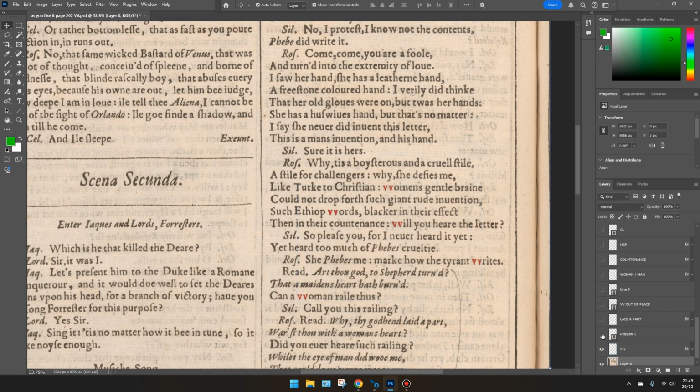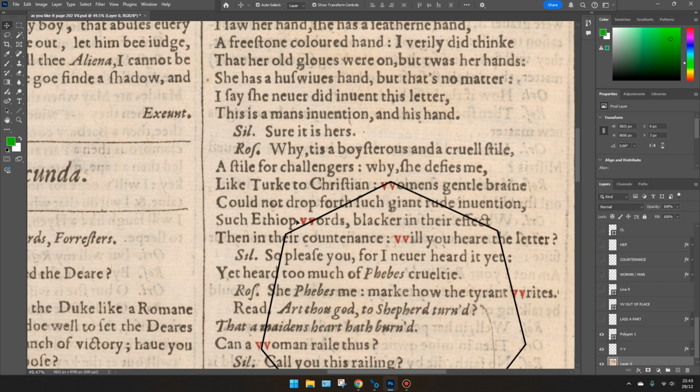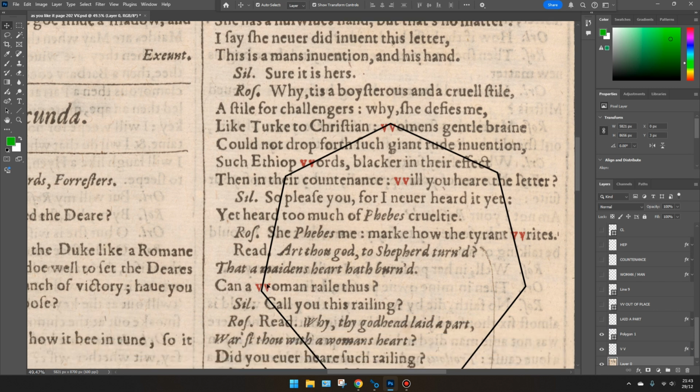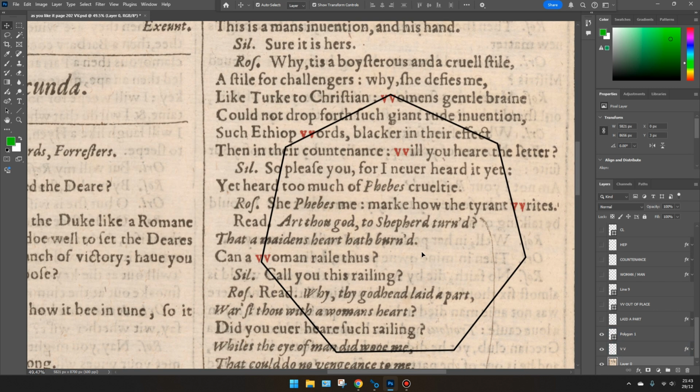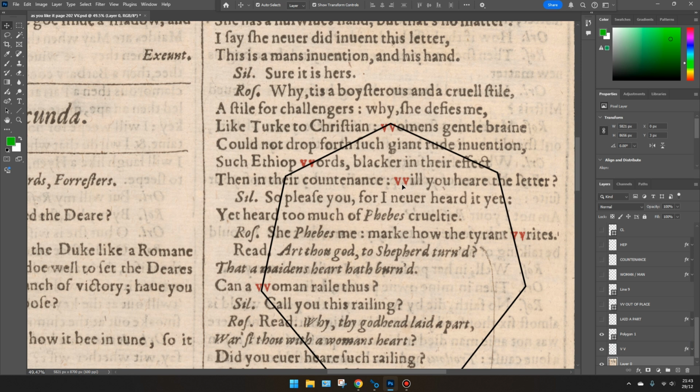So I'm going to put a polygon down. Obviously, I've played around with this, and this is what we get. We cross the VV here, the VV here, and the VV there, and it leaves one spare that isn't used, just like the To the Reader.